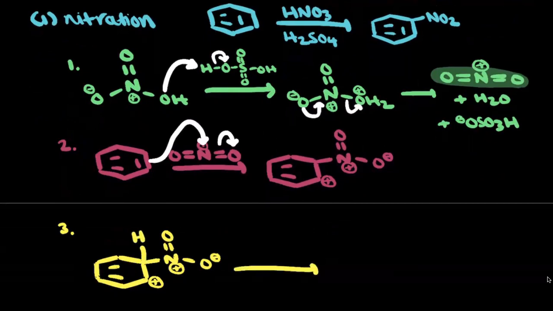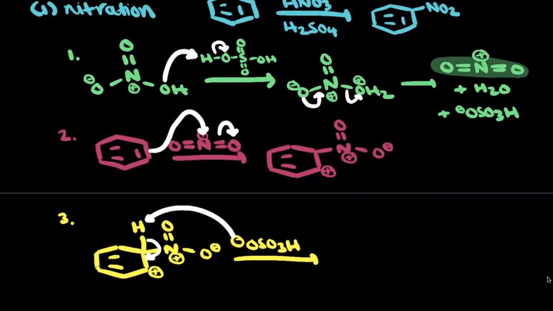And remember that I said that we would come back and use this at some point. Well, we can use it now. We can take this, grab the proton that you see here, and then form your carbon-carbon double bond in order to end up with your nitrated final product.